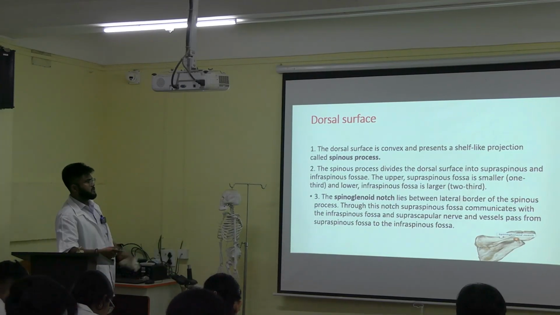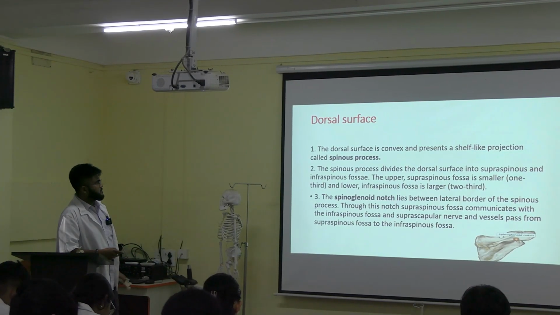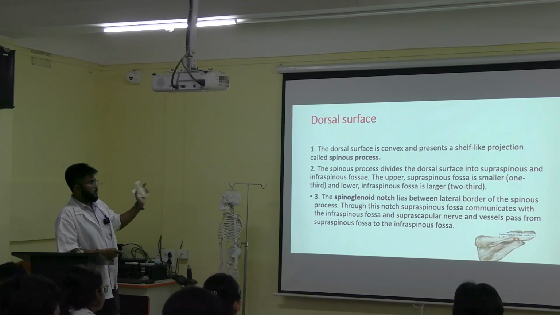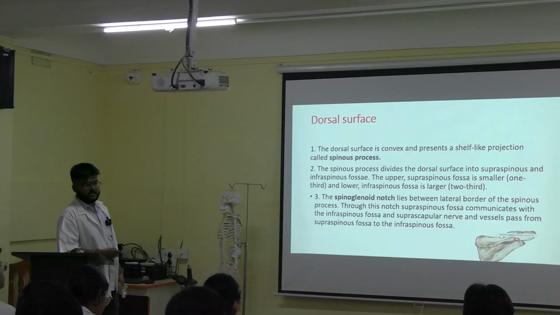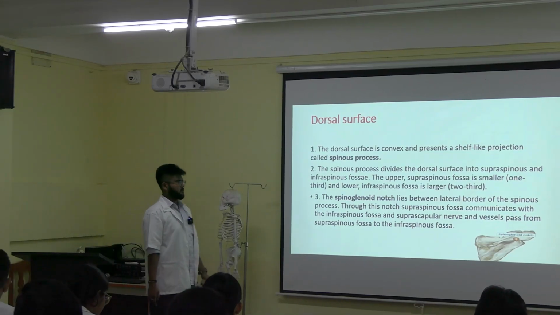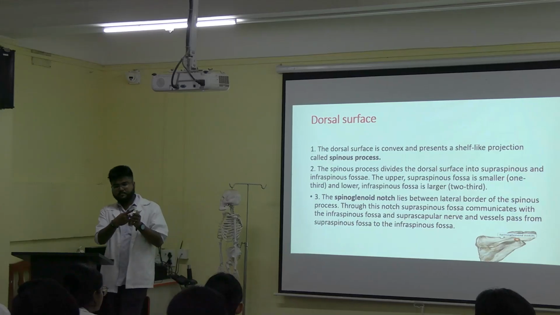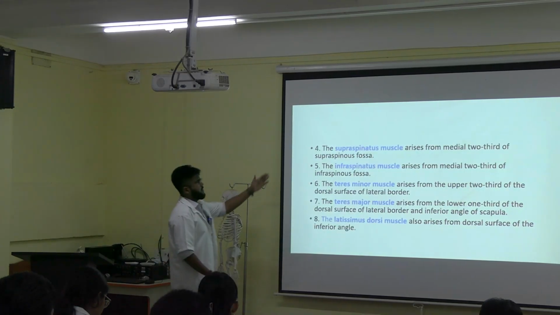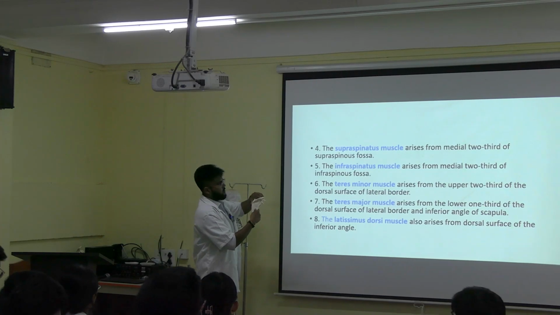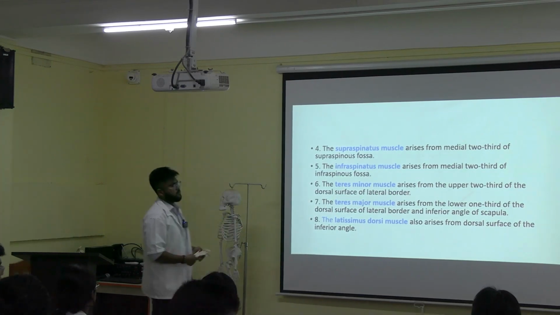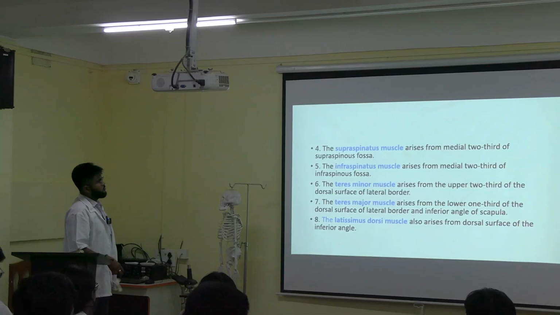This is the meaning of this line: the spinoglenoid notch lies in between the lateral border of the spinous process. Through this notch, the supraspinatus fossa communicates with the infraspinatus fossa, and the suprascapular nerve and vessels pass through this region. Supraspinatus muscle, you all know, arises from the medial 2/3 of the supraspinous fossa.